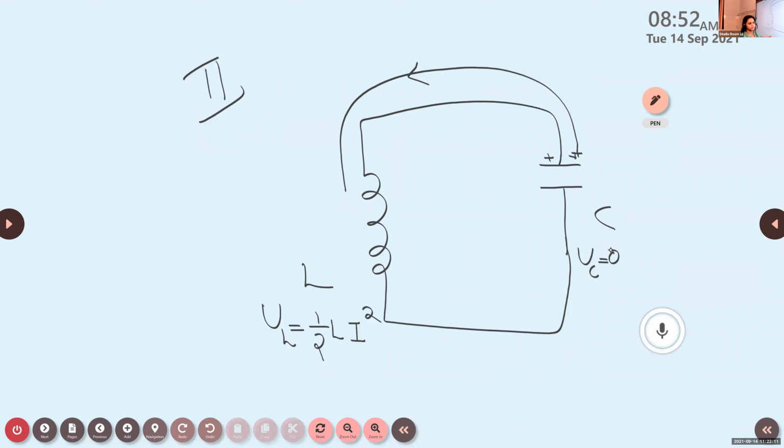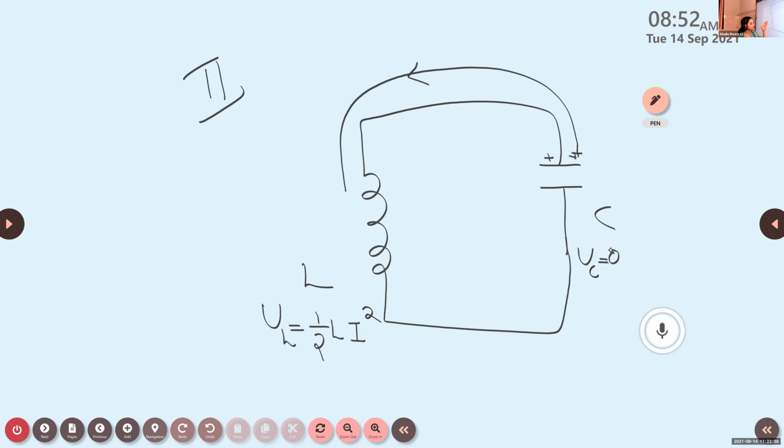Is it clear? Yes, ma'am. Okay. Now, the other point, can you explain the change in magnetic flux? Okay. Whenever the charge reaches the inductor, the magnetic flux associated with the inductor changes. That is what we discussed in the chapter on electromagnetic induction. So a charge is moving towards the coil.